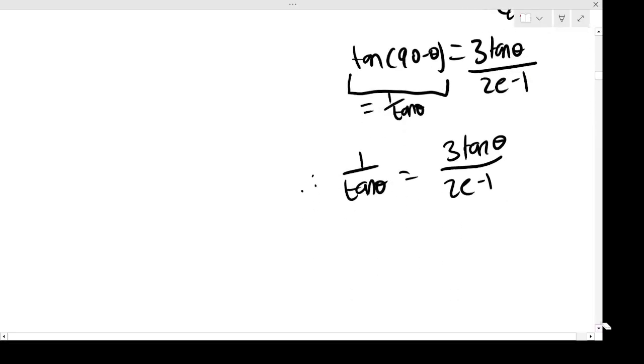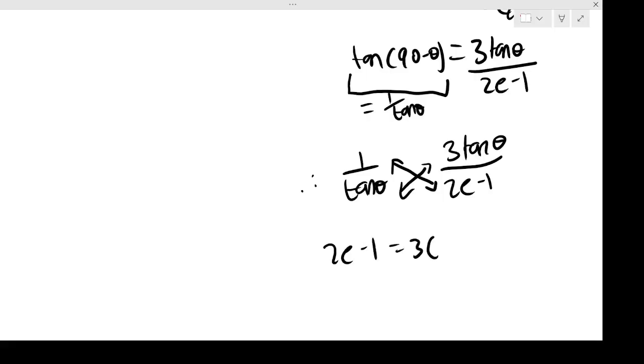Therefore we can cross multiply like that to get 2e minus 1 is 3 tan theta times tan theta. Therefore, 3 tan squared theta is 2e minus 1.